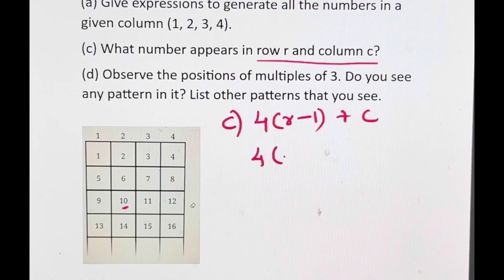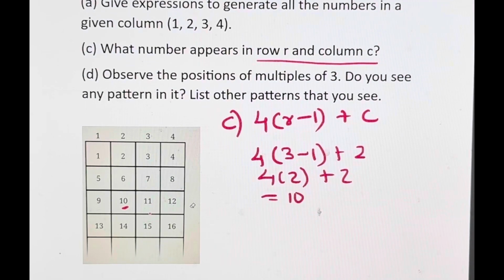Row number 3. So 3 minus 1 is 2, and the column is 2. So 4 times 2 is 8, plus 2 is 10. So you got the 10, right? So I have explained how we get this. We have to think in the reverse order to get the expression.